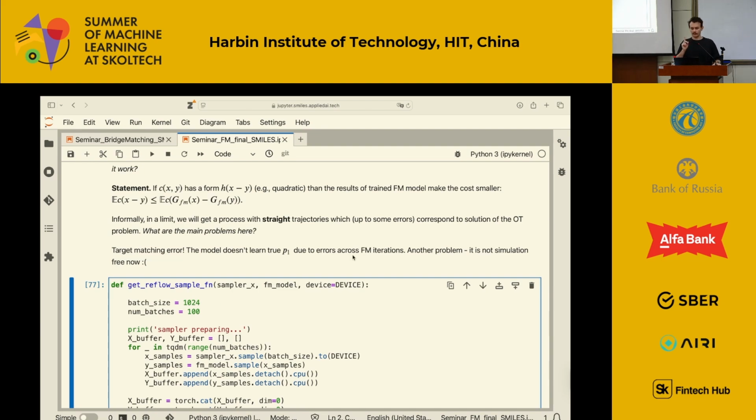And another problem of this rectified flow is that the training procedure is not simulation free now. Can someone, for example, say why our training procedure is not simulation free now?